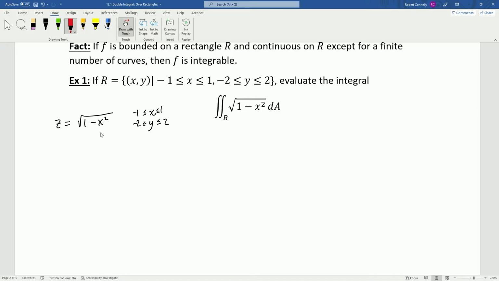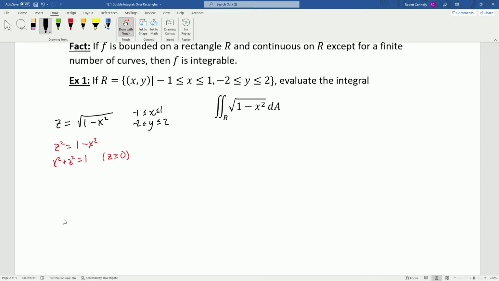Well, if z equals the square root, then z squared equals 1 minus x squared, or x squared plus z squared equals 1, under the condition that z is greater than or equal to 0. So what does this look like? x squared plus z squared equals 1.